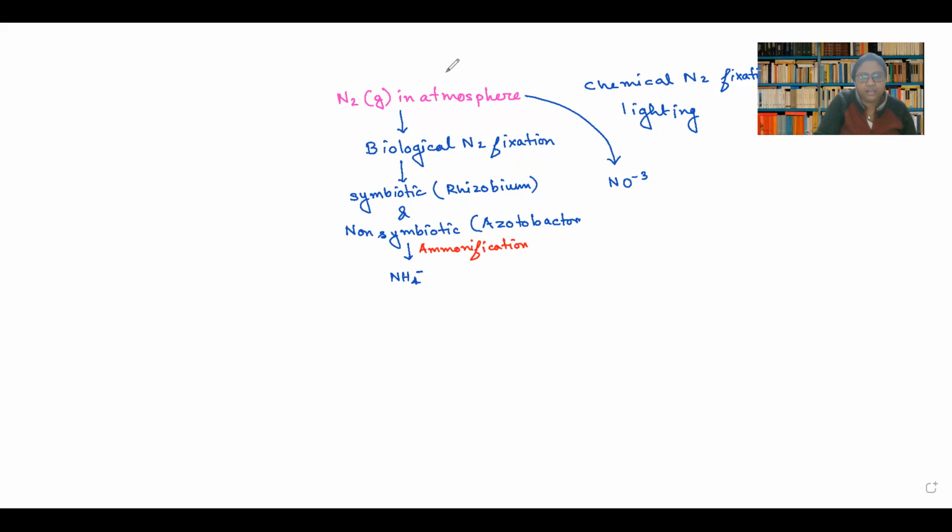Then this ammonia will be converted into NO2 minus, and then finally it will be converted into NO3 minus. So obviously this is ammonium, this is nitrite, and this is nitrate.